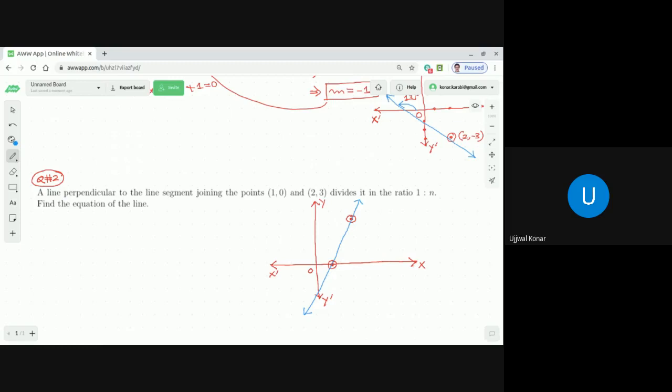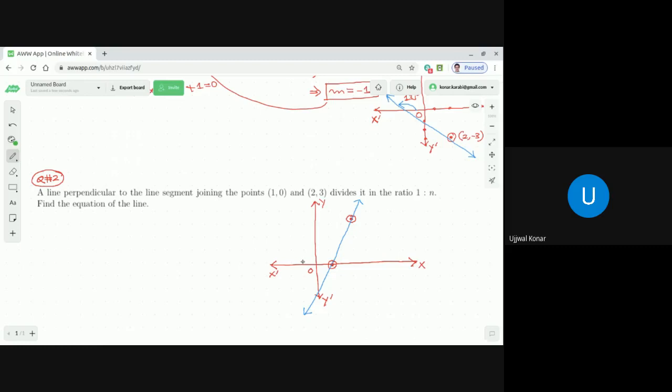So this blue line is the line passing through the points (1, 0) and (2, 3). Now we need to find a straight line, which I'm going to draw in green color, perpendicular to this blue line, and dividing that line segment.